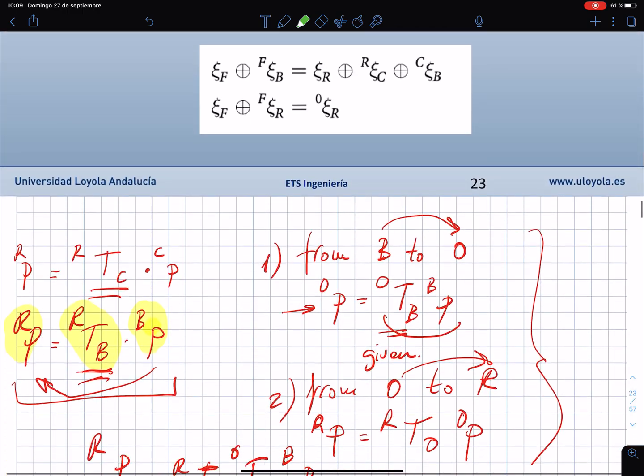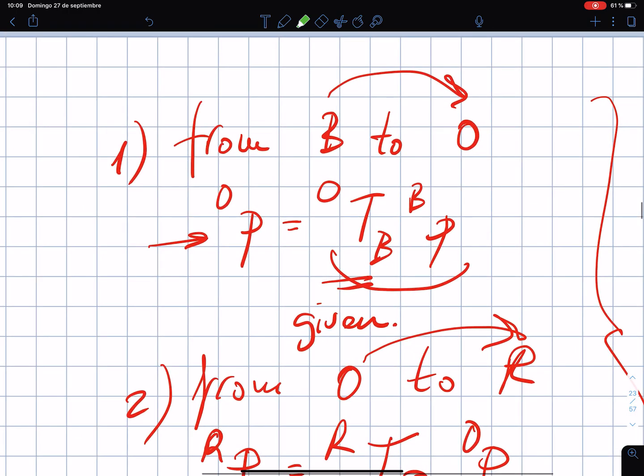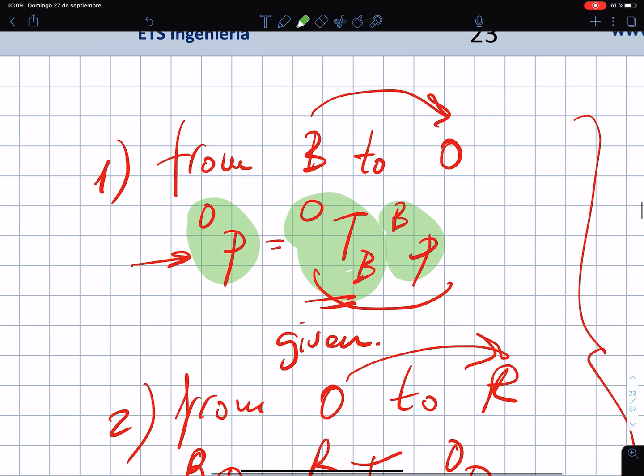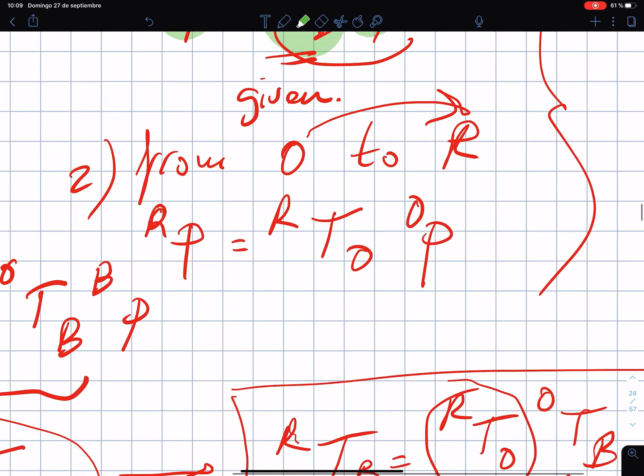So that's why first we write the equation for changing from B to 0, and in that expression 0TB appears, and then we apply the second step from 0 to R, and in that expression RT0 appears.